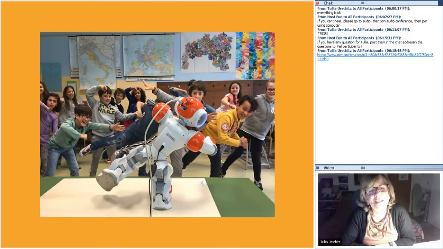Here you can see the Nao robot having a dance with little students. It's not a joke.